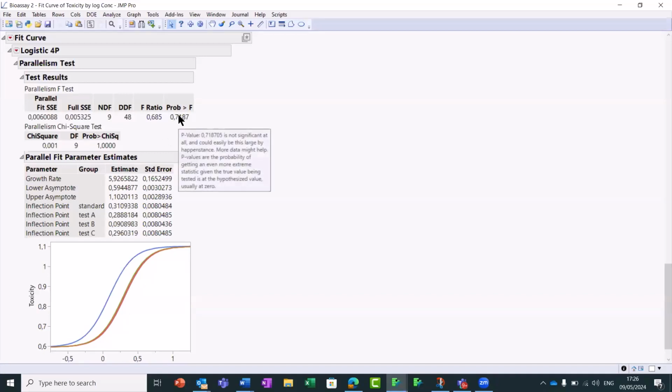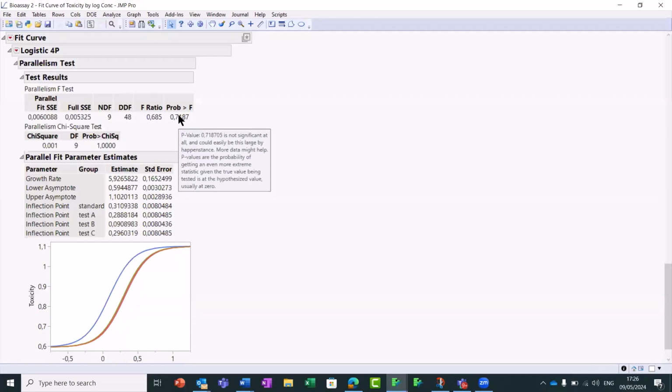If I'm mousing over this value, it says that this value is not significant at all. So it's a high p-value. If you have a high p-value, then you can be confident that your curves are parallel.